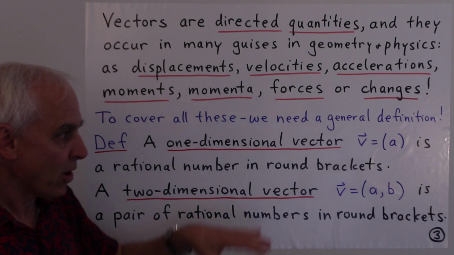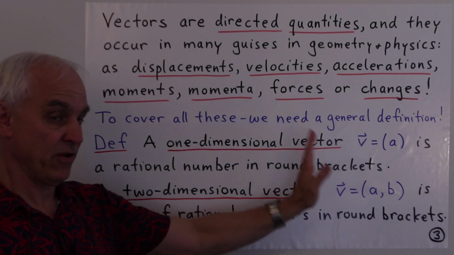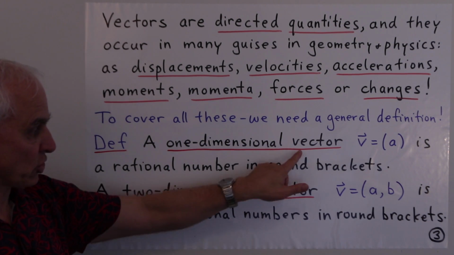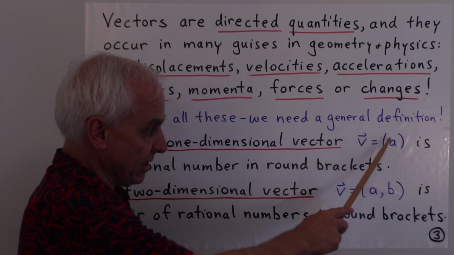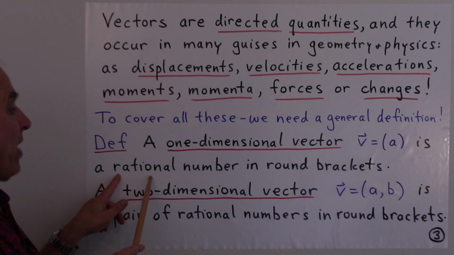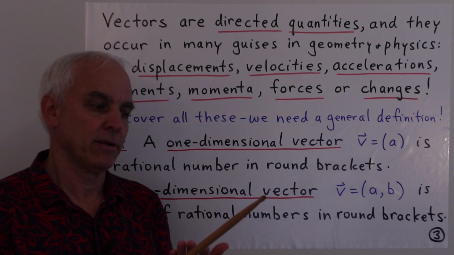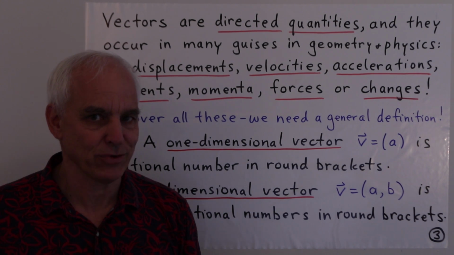Okay, so what we've done so far is kind of motivation for this. This is the official legal definition. A one-dimensional vector, v equals (a) in round brackets, where a is a rational number. That's what a vector is, or more precisely, a one-dimensional vector is.